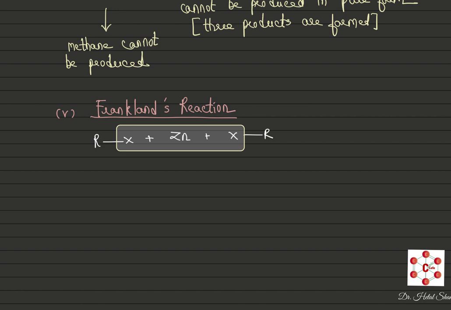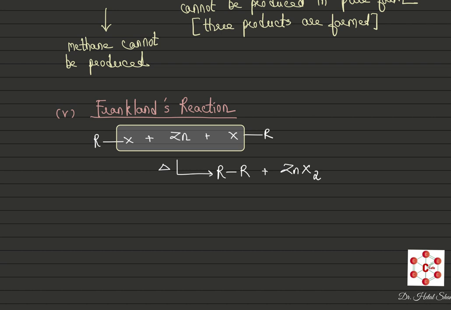Now there's a very big advantage to this. You have to heat the mixture and you will have R-R and ZnX2. He was able to effectively replace sodium metal with zinc.